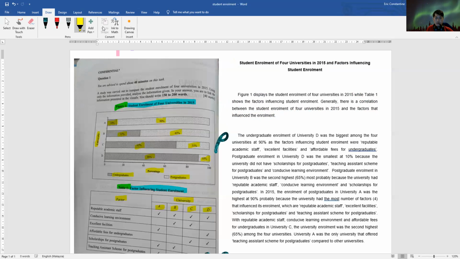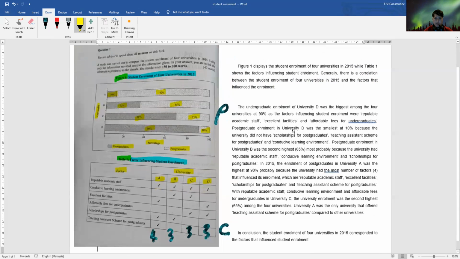Okay, now let's look at the next one, the body paragraph. Now this is the most important one, the point. Now for the point, I need you to pay attention more on the synthesis. Now synthesis carries more marks rather than just writing down the analysis. Now let's look at the first one here.